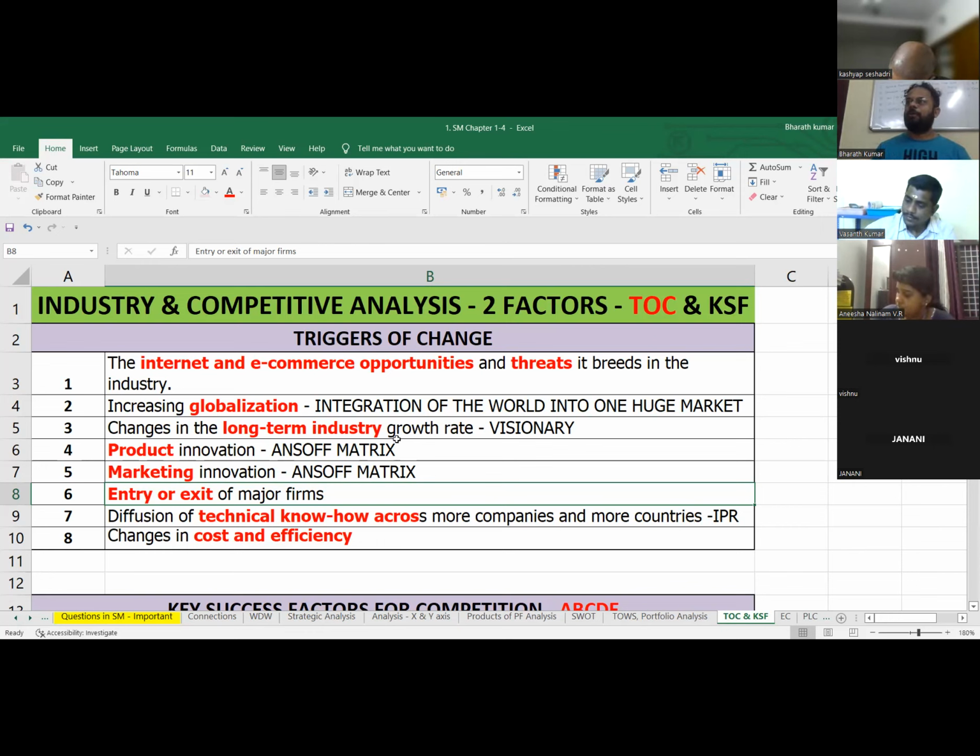Strategic management is more proactive than reactive. That means vision is more. You will not bother about the change in the short-term industry growth rate. You will see after 20 years whether your company will stand or not. Technology will change. How will you think in 20 years, in 2042, how India would have developed, how Chennai will be? You cannot even imagine.